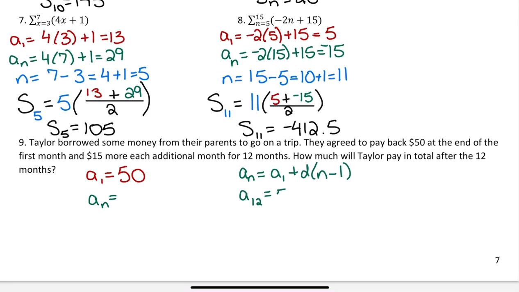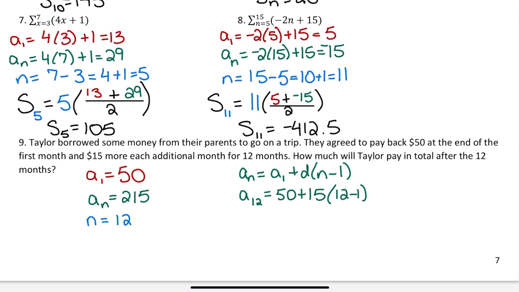We have the first term plus our common difference, which would be the $15 added every month, times 12 minus 1. So at the end of 12 months, they paid $215 that month. Now we need to find out how many total terms we are going to be adding together. That is 12.